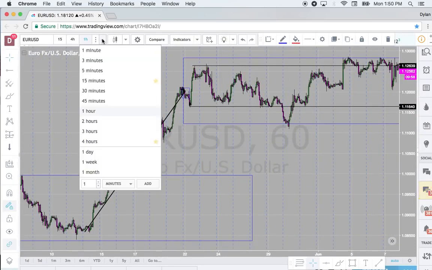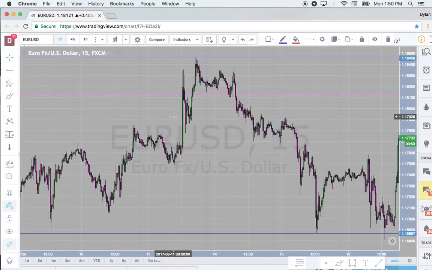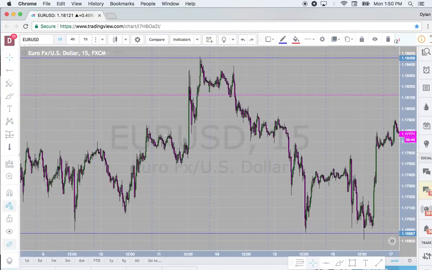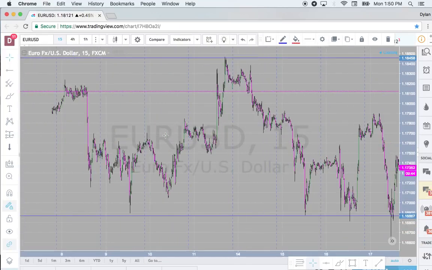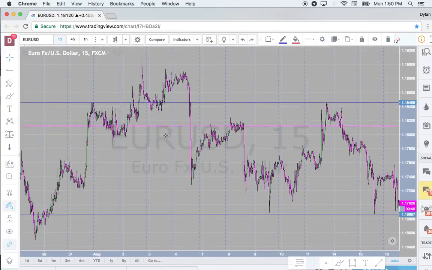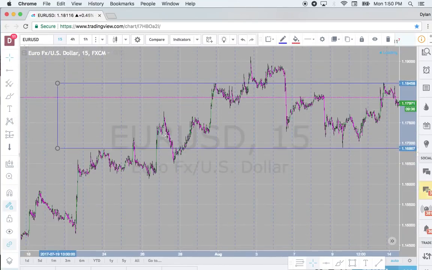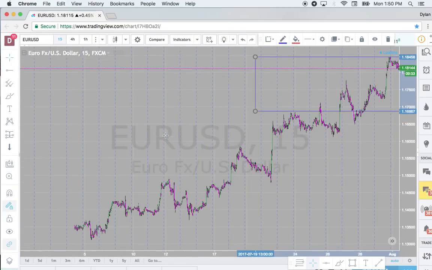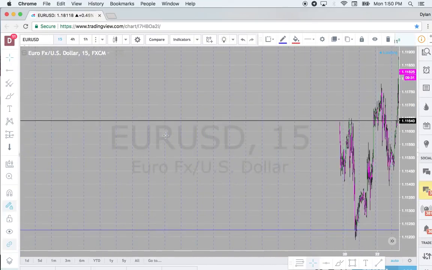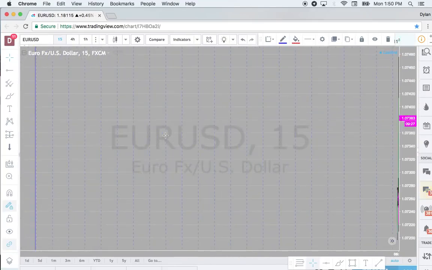Looking at the 15-minute chart, the 15-minute chart is what I use to trade intraday M and W formations. Like I said, they do form on micro and macro scales, so they happen across all time frames, and the characteristics of them will be very similar throughout all time frames, if not the same.